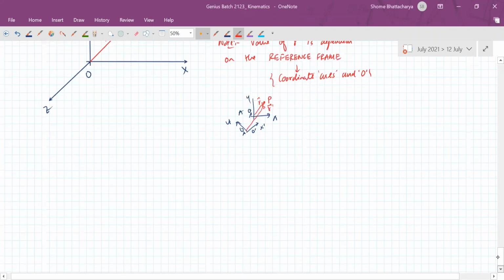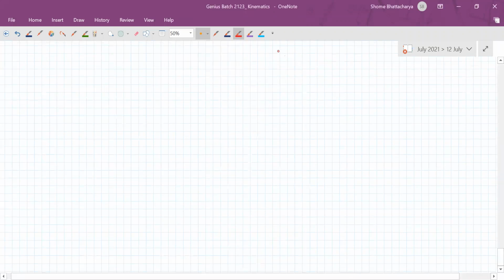Okay, so I think position vector is something which is fairly obvious and clear. Now let's come to the next definition.